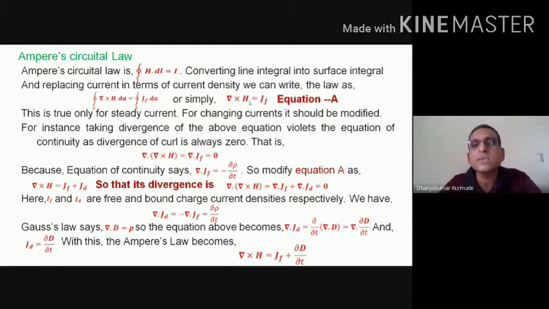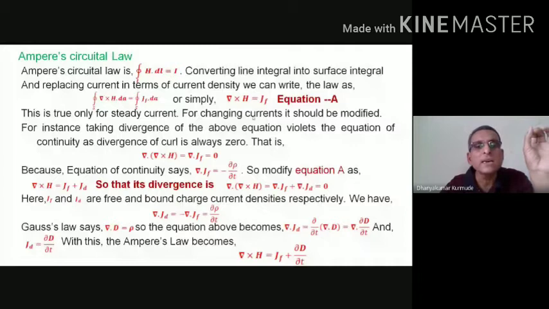This is equation A, which says that curl H is equal to J. From the mathematical vector identities, we know that if we take the divergence of the curl of a vector, then that is zero. So the divergence of curl H in this case has to be zero according to the vector identity.